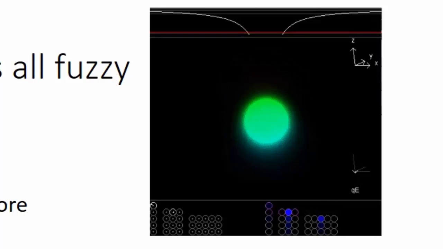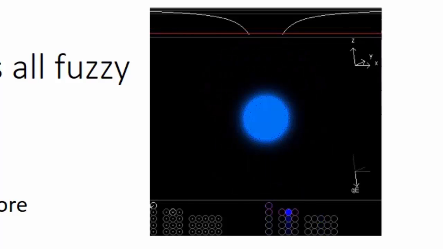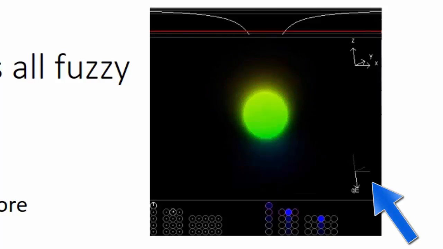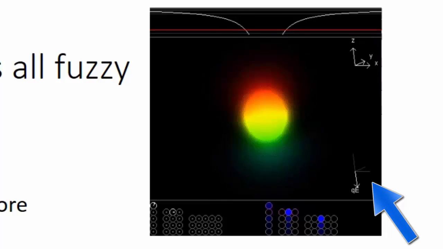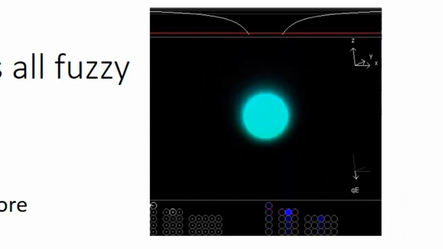And down here, the little circulating arrow is referring to the electric field of the light coming in. And Q stands for the charge, and E is for the electric field as it spins around here at this angle. Little circles refer to something called quantum numbers.